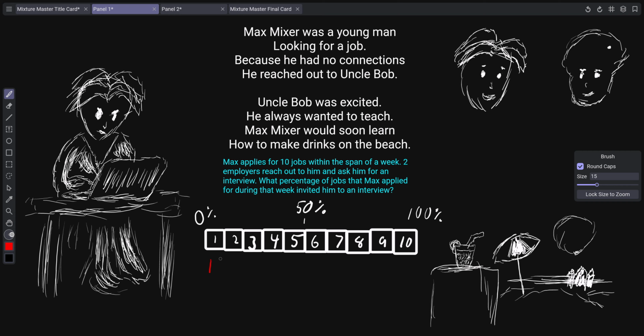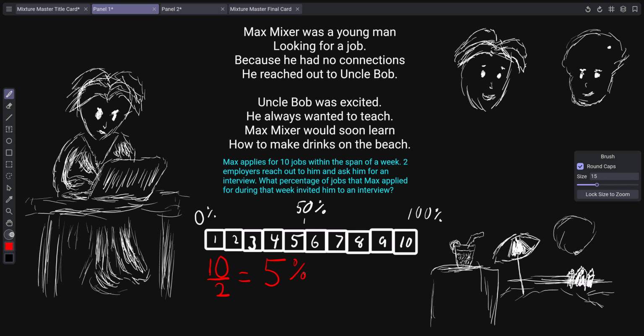And this is kind of usually an instinct when it comes to division. So if you were to put 10 over 2, right, because 10 jobs and 2 of them reached out, this would simplify to 5, right? And you might say, oh, well, it's 5%.